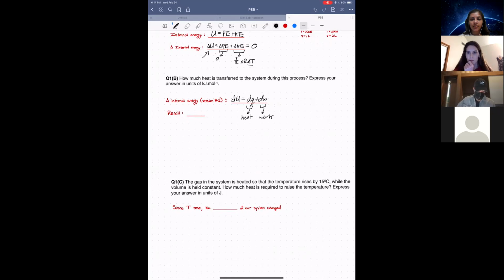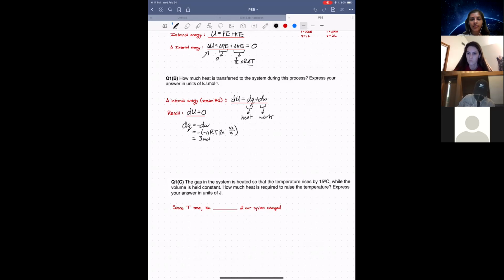And then recall from part A that dU is equal to 0. So rearranging this equation, we get dq is equal to minus dw. And then we know a formula for the work for an isothermal process, and that would be negative nRT natural log of V2 over V1. And then you just plug things in, the negatives cancel out.